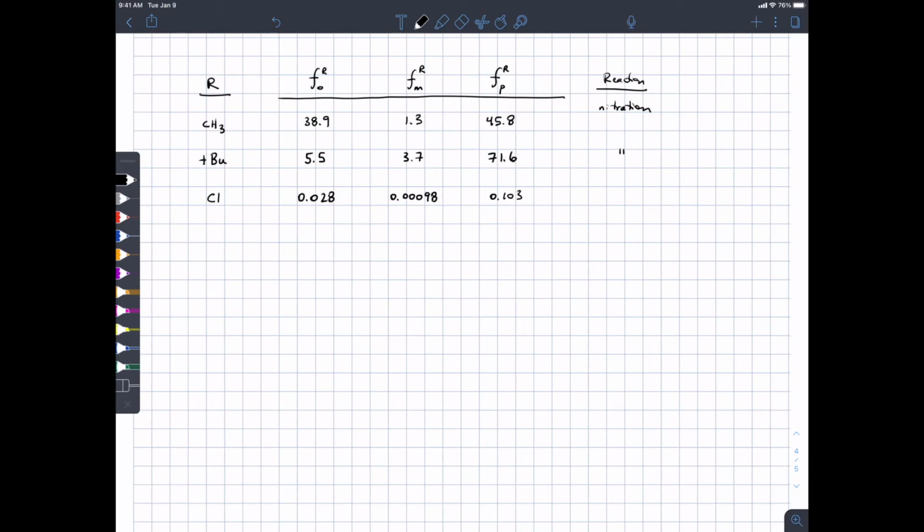Notice all those numbers are less than 1, which means that chlorobenzene is deactivated relative to benzene. It is less electron rich, okay? But in terms of the rates at each position, it is still faster at ortho and para than it is at meta, right? Why is that? Why is it deactivating, first of all?